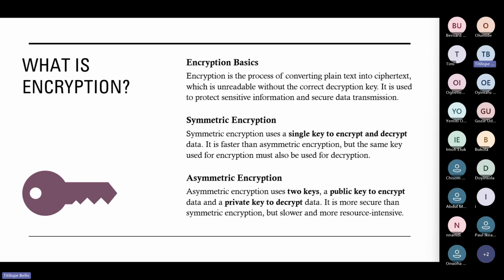But the private key, before anybody can get access to it, they have to be people you actually give that access to, to make use of the data that you have given them. Because of the two key pair involved, or this extra exchange of keys, it is slower than the symmetric counterpart of the encryption service.